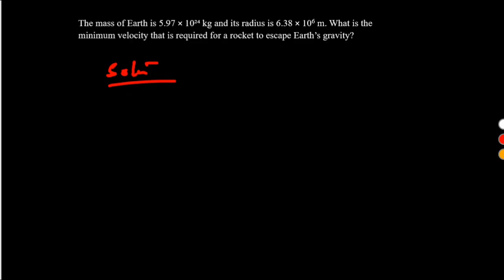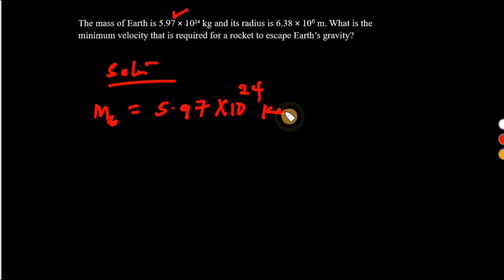The question says the mass of Earth is 5.97 times 10 to the power of 24 kilogram, and its radius is 6.38 times 10 to the power of 6 meter.